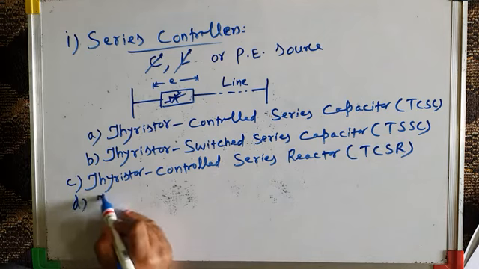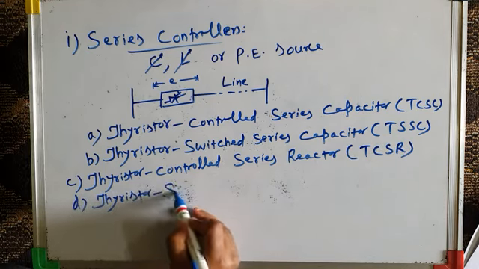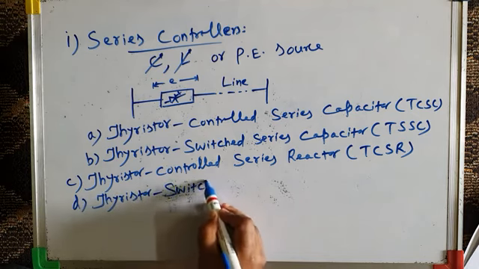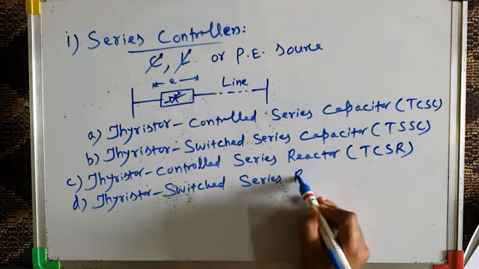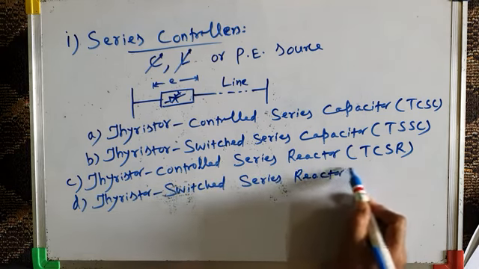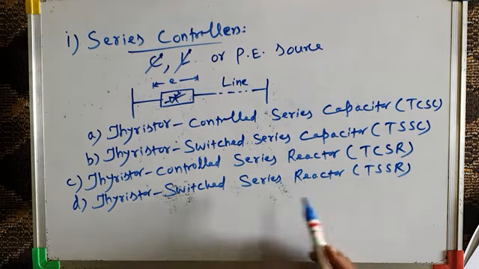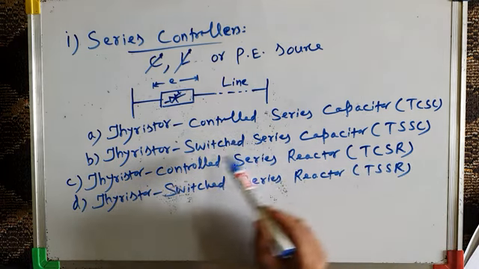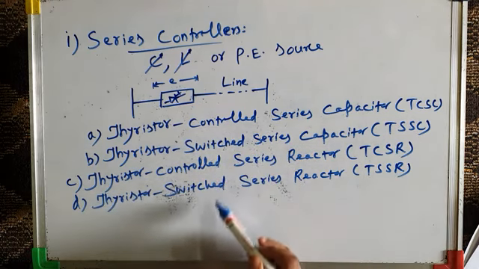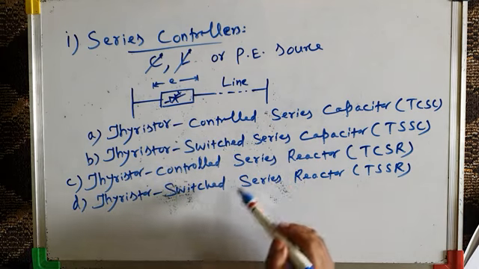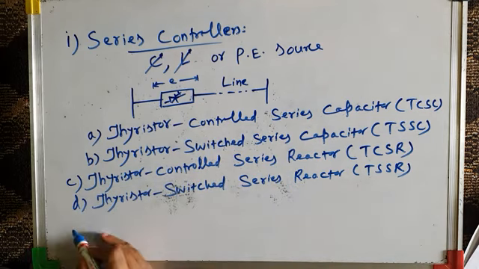Fourth is thyristor switched series reactor, TSSR. Okay, so here these are thyristor controlled or thyristor switched series capacitors, and these two fall in the category of series reactors, variable reactors or series reactors which are thyristor controlled, right?